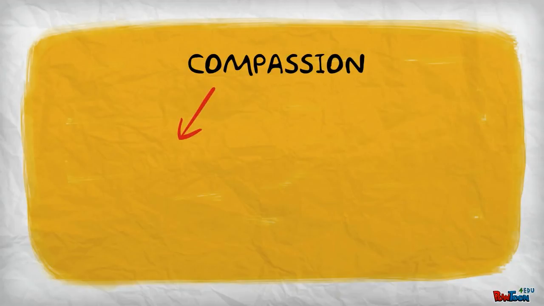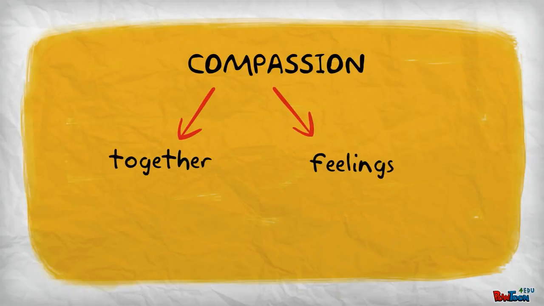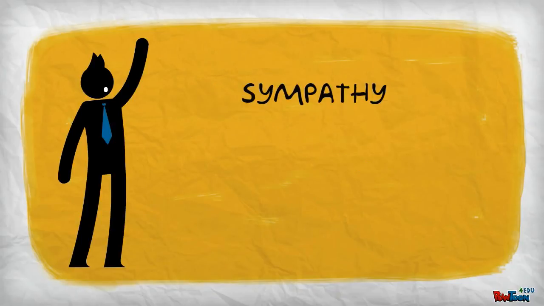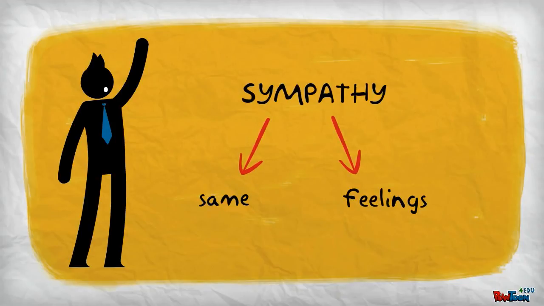That's because it starts with com, which means together, which kind of means to work together. Pass, which is feelings, and ion, which is the quality of. So you usually want to help that person who's feeling bad. Now this is really close to sympathy, which literally means same feelings. So you share that person's feelings in an effort to make them feel better.